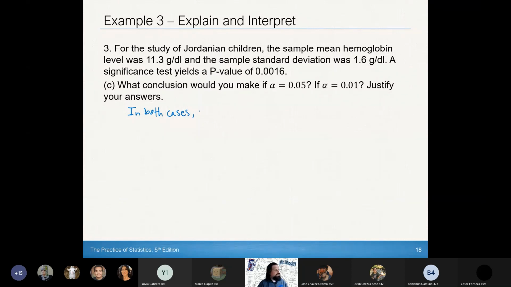Right. The p-value of 0.0016 is less than alpha. So we reject the null hypothesis.